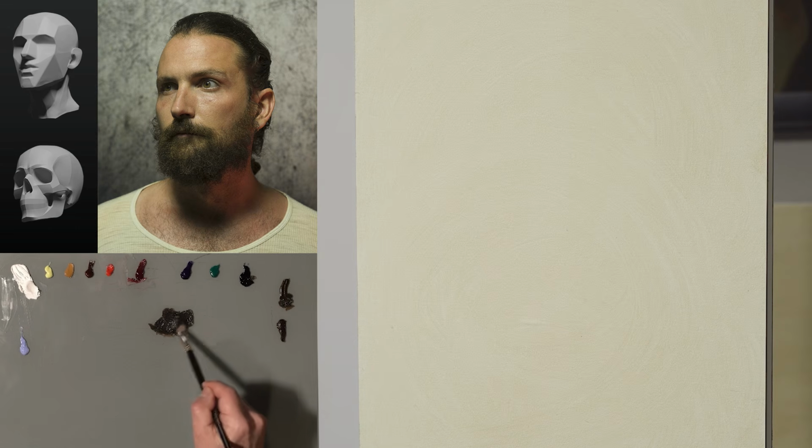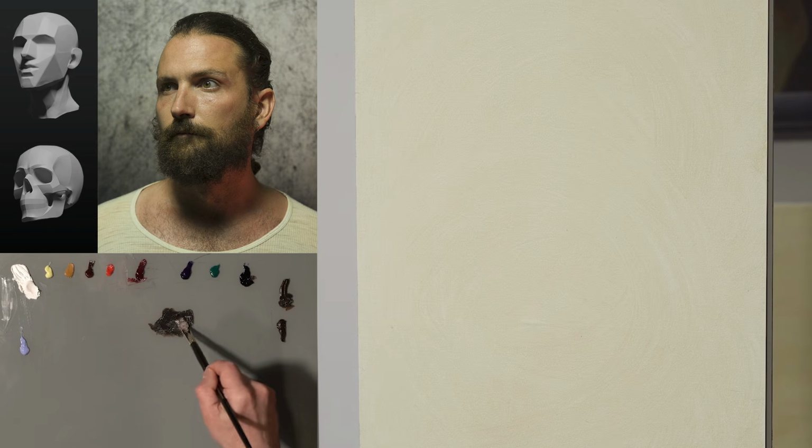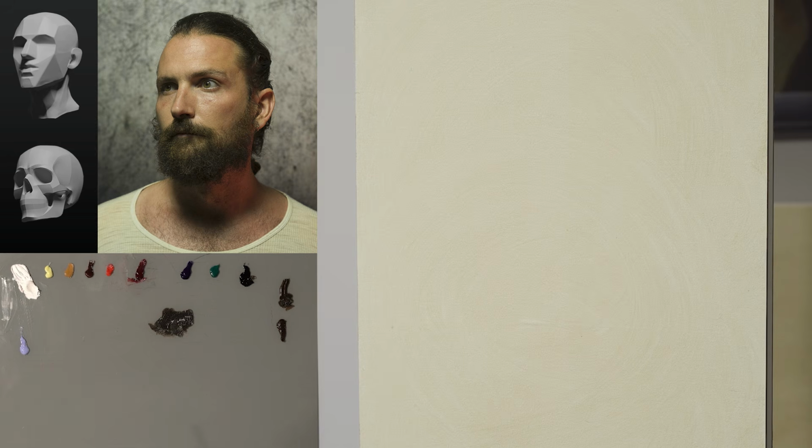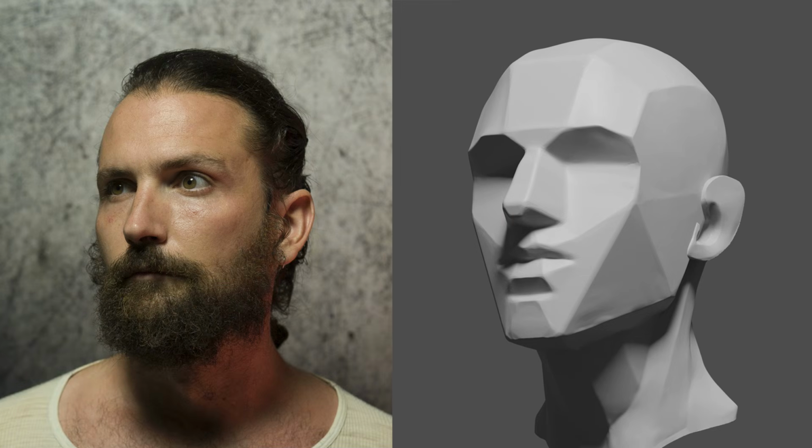So let's begin. And by the way, before we start, let's just talk about the reference here. You see the planes on the left of the head, they are darker. Planes in the center are slightly lighter, and the planes which are facing us, in this case because we are situated just below the light source, the planes which are facing the light, they are lightest.